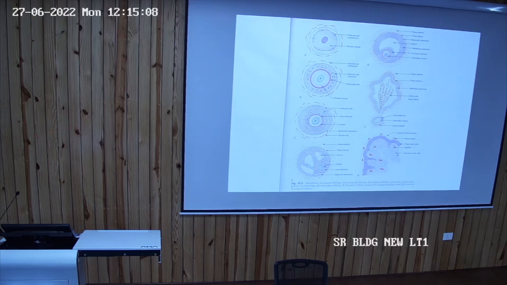These liquor folliculi develop, and as they develop, they press the oocyte towards one end. So see the position of the oocyte here and here. Here the oocyte comes to one end. How does it come? By the pushing of the liquor folliculi. So the liquor which is collected here pushes this oocyte to one end.